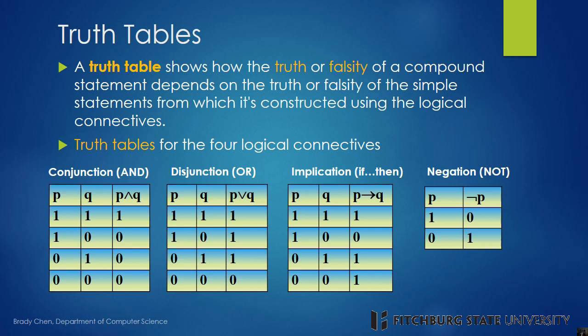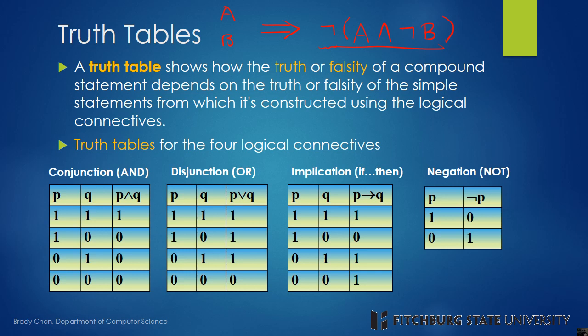In another example, like the previous example we just talked about, we have two statements, A and B. A says John is married, and B says John's wife is married. So we build a compound statement which says it's not the case that John is married and John's wife is not married.